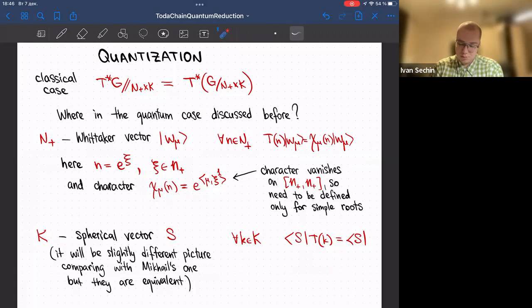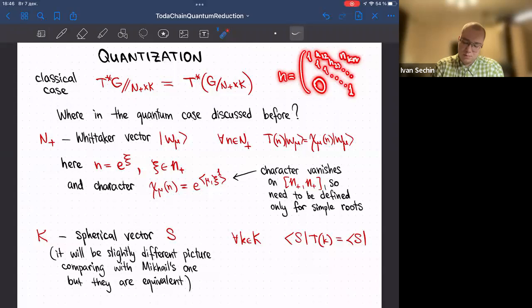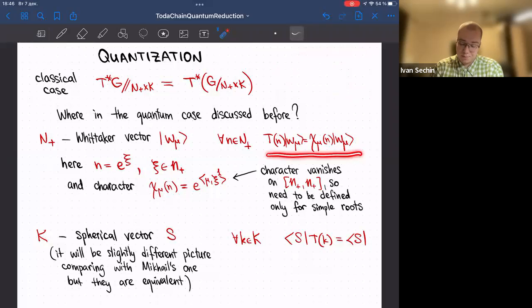If we choose, for example, for SLN, our n, typical, 1 on the diagonal, 0 here, and some elements here. And our Whittaker vectors are eigenvectors of them.